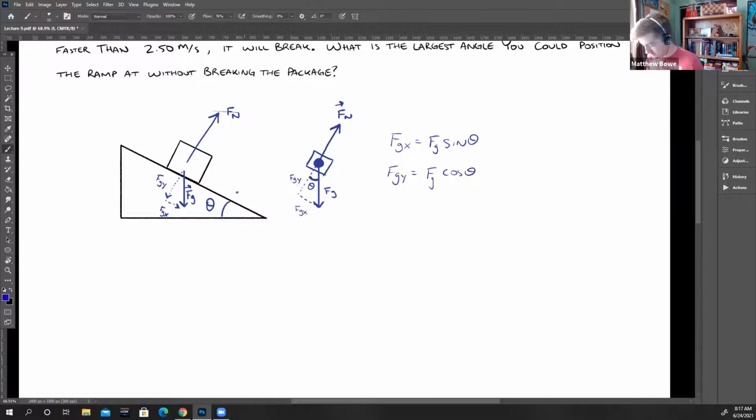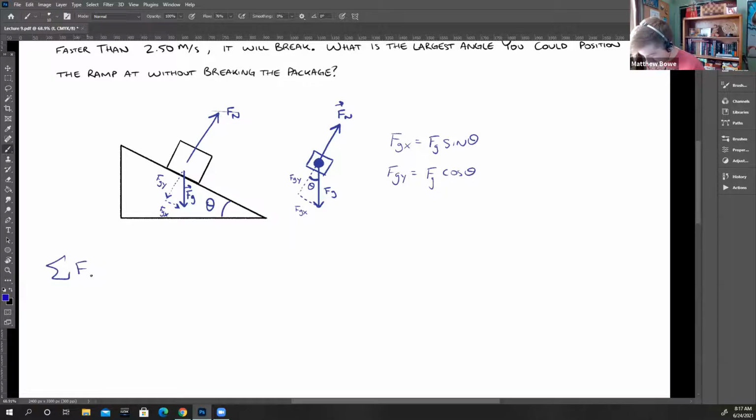So I'm only interested in this parallel component, the parallel to the sliding surface. So in this case, I can reduce my work in half by saying I don't really even care about that perpendicular component. I'm just wanting this one. So let's look at just that component.